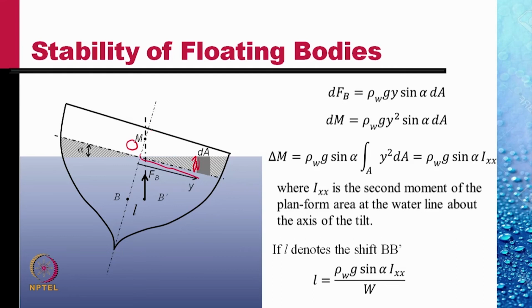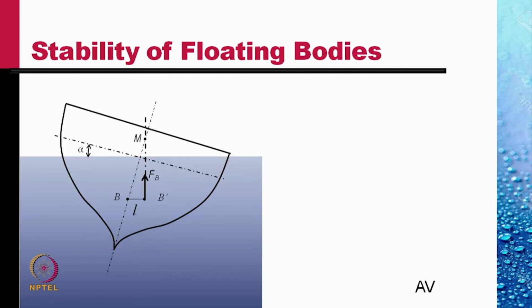If we draw a line vertically through B prime, it will intersect the center line of the ship, which passes through B and O, at point M. This point M is termed the metacenter of the ship. The distance BM plays a very important role.